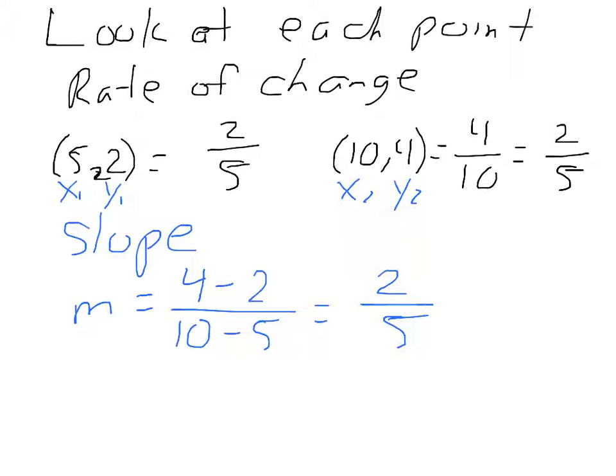Even if we took this out of 1, each of these would still be 0.4, because that's what 2/5 is. It's 4/10. So it's still all the same. I like leaving it in terms of the actual slope, because that's going to come in handy later.